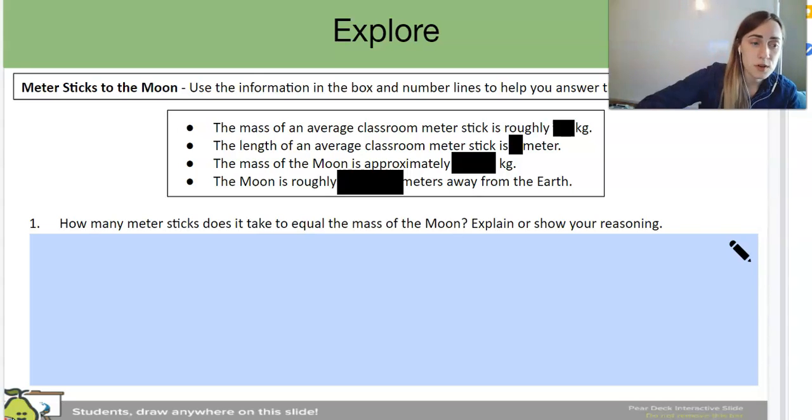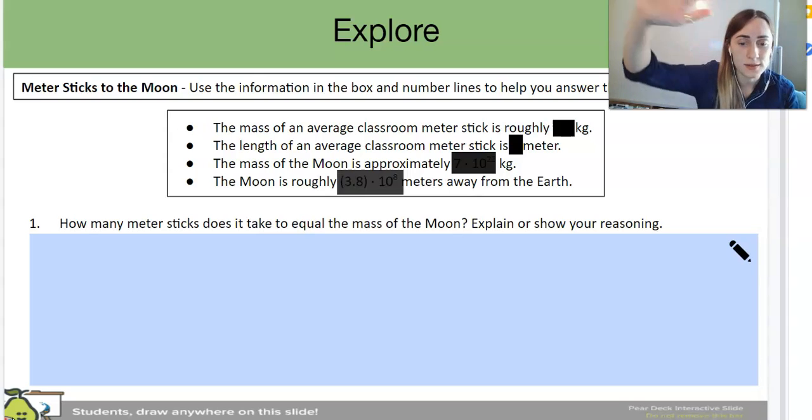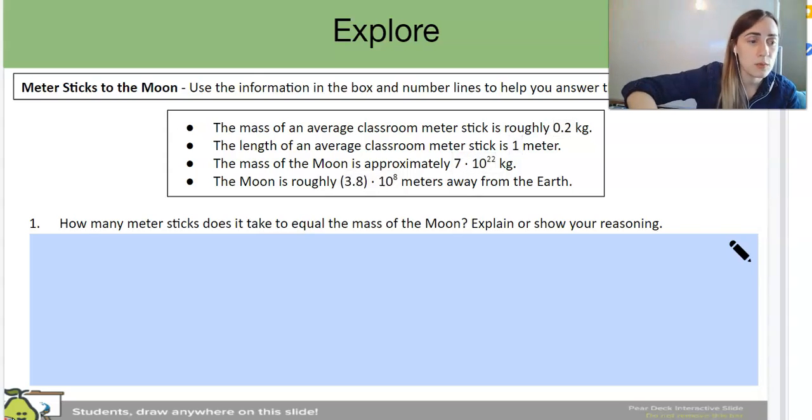And then without the numbers here, they can say, okay, what I will need to do is divide this by this, right? Divide the mass of the moon by the mass of one meter stick. And if students can say that without even including any numbers at all, they're already more than halfway there. That's really the lift we want to focus on here.